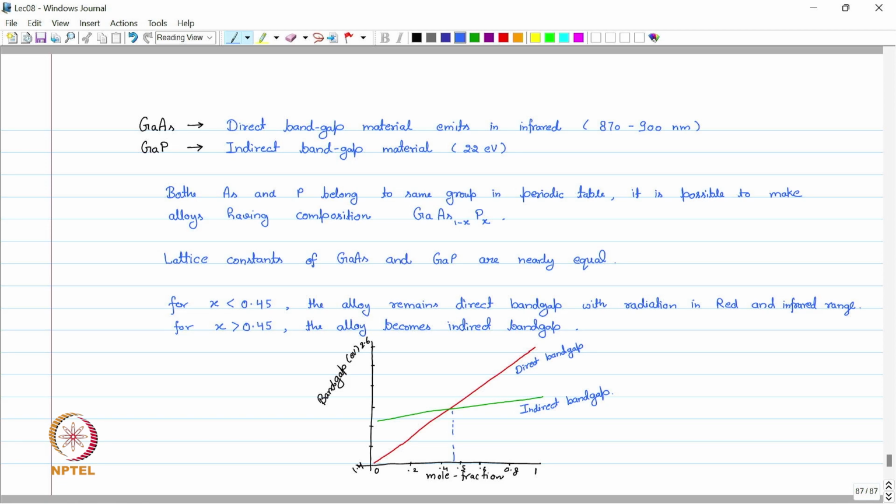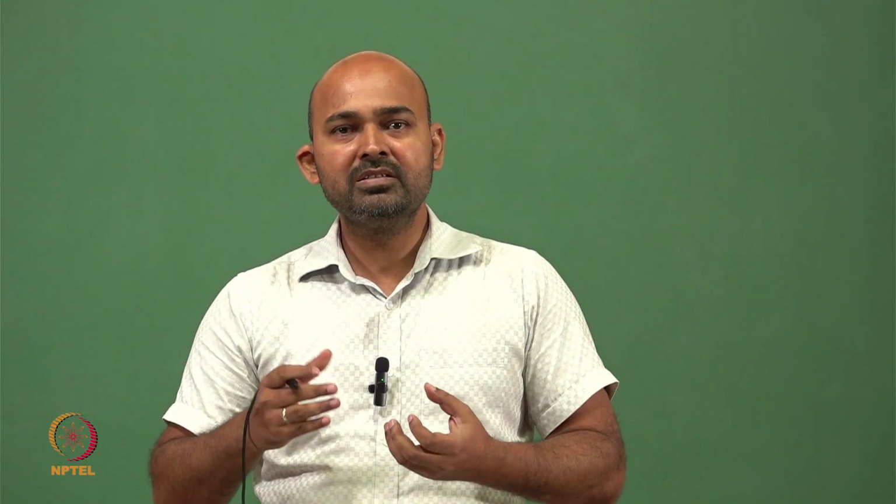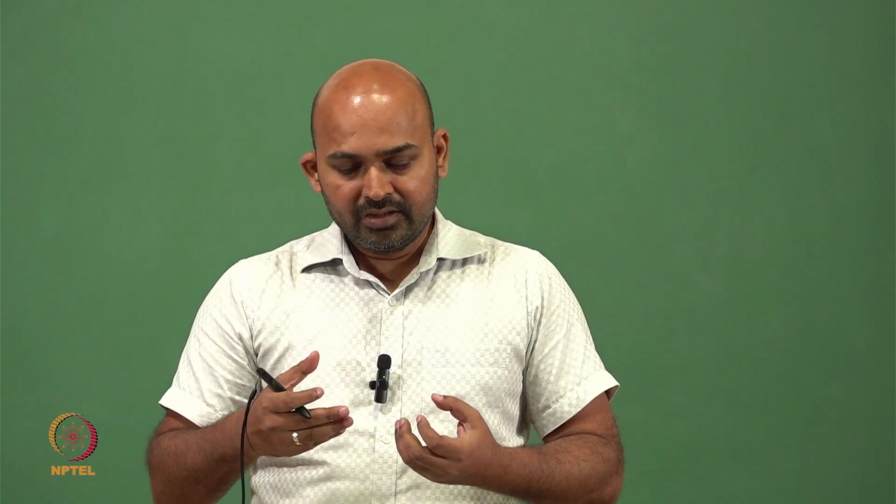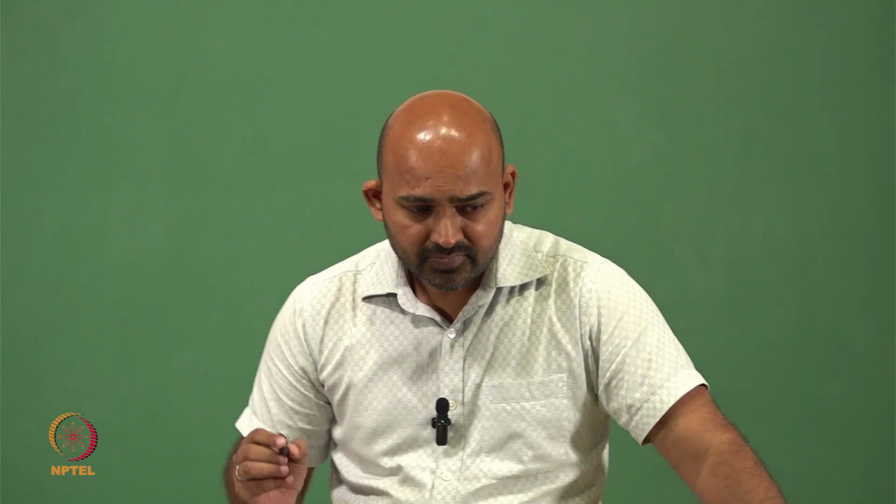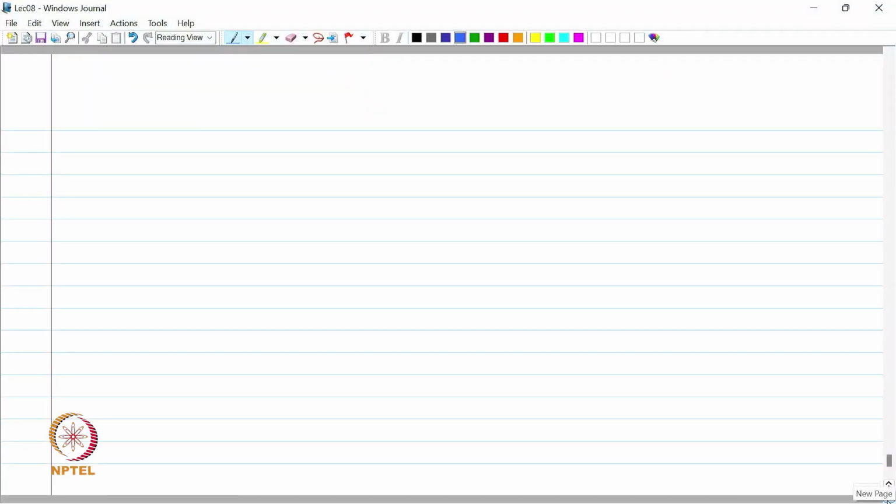This is how we change the material, and changing the material band gap means that which light it will emit also changes. So these indirect band gap materials are generally inefficient as light emitting diodes.